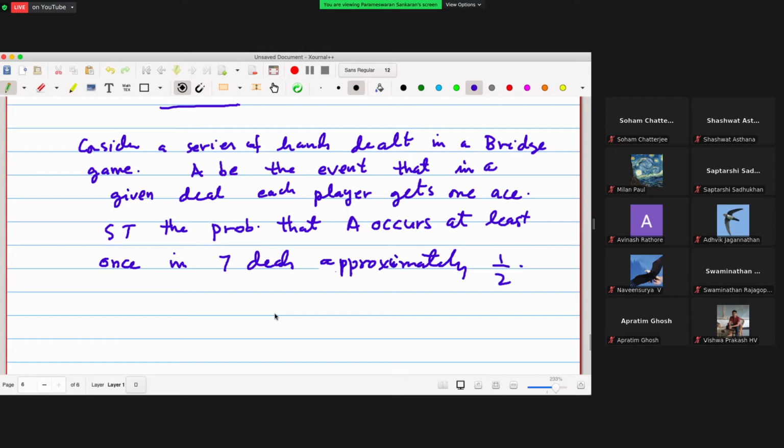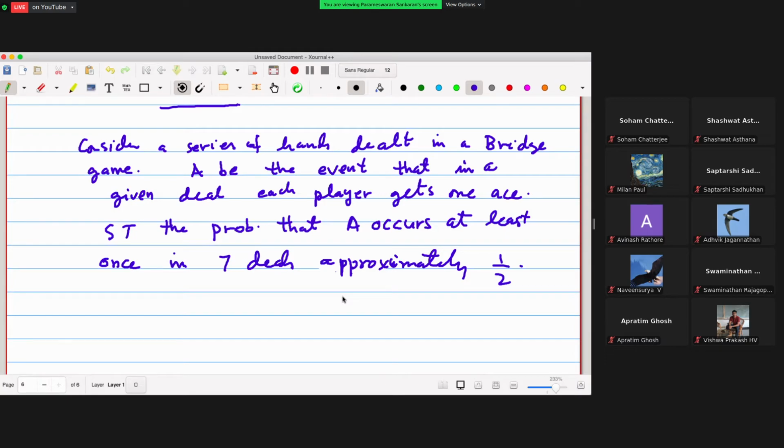So there are 52 cards in the pack, and in a bridge game there are 4 people, and the cards are dealt after you shuffle them thoroughly. Each person gets 13 cards. Okay, that's all we need to know about this.